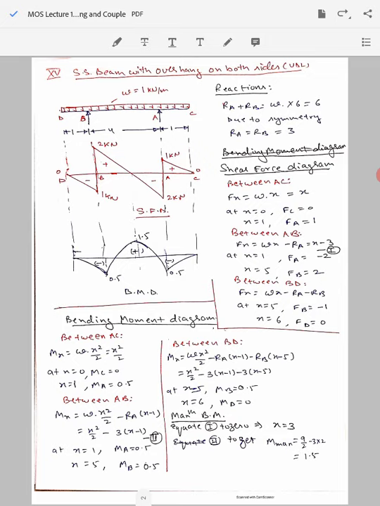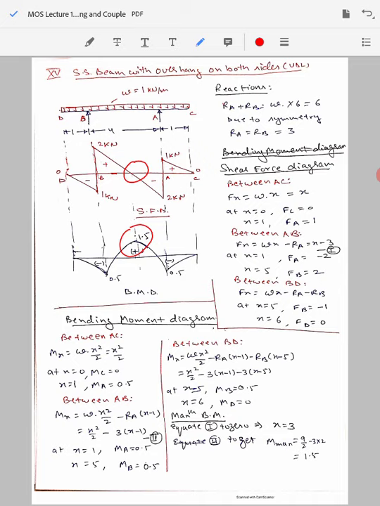Now we really still don't know what value it will take between span A and B. So somewhere between span A and B it will be giving you a maximum bending moment, and it is obvious also from this shear force diagram because shear force is getting a 0 value between span A and B. And I have already told you before that wherever the shear force diagram is 0 between the span, the bending moment will reach the maximum value.